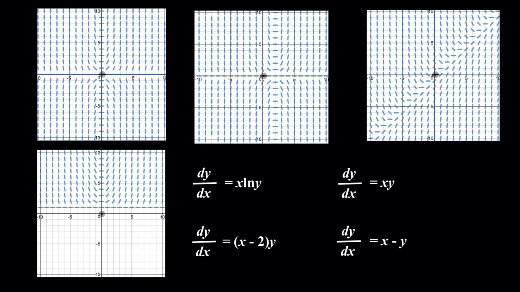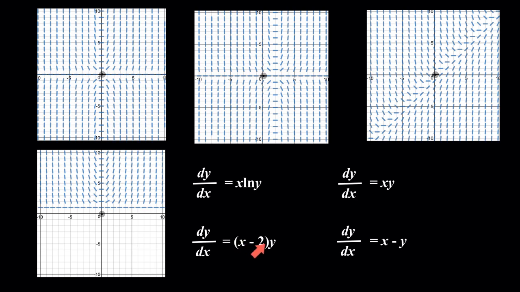And so the equation that's going to generate that is going to be this one right here, where x times y equals dy dx. Because if your x value is 0, your slope is 0. If your y value is 0, then your slope is 0. So this one goes with your first one. On the next one, you can see that when your x value is 2, you're going to have a slope of 0 for these, because you have a horizontal tangent line, so your slope is 0 when your x value is 2.